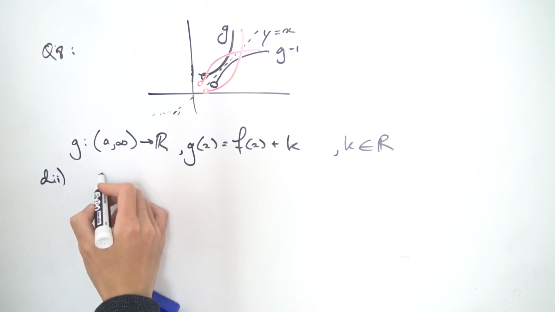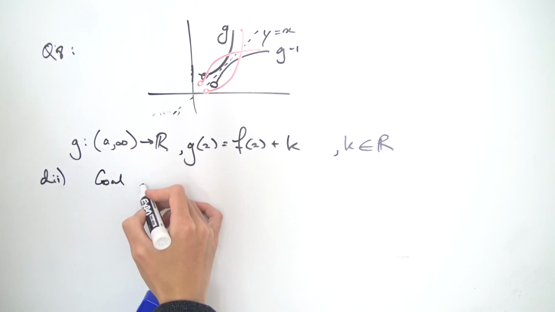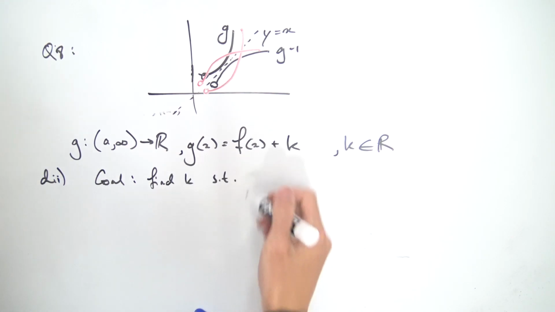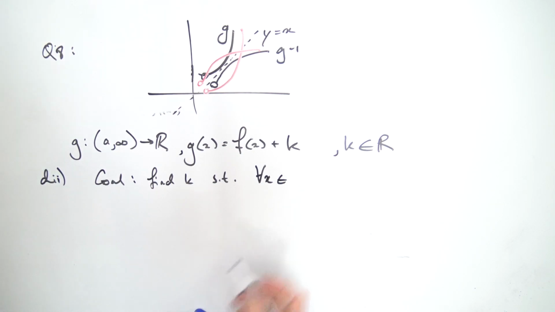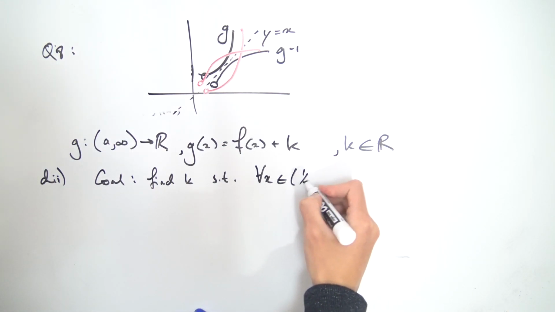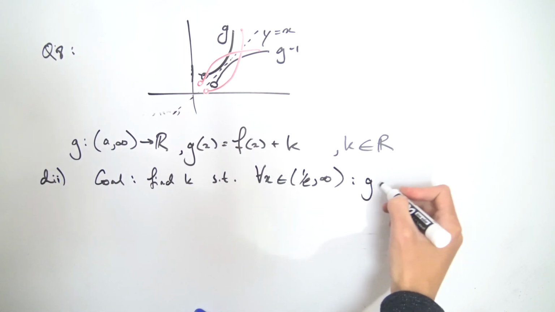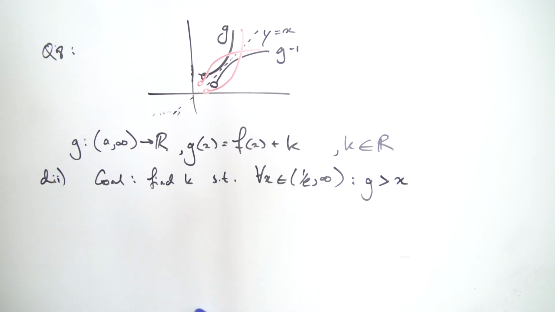So we can reframe this question as asking: find k such that for all x on this interval, 1 over e to infinity, we have the function g of x always greater than x.